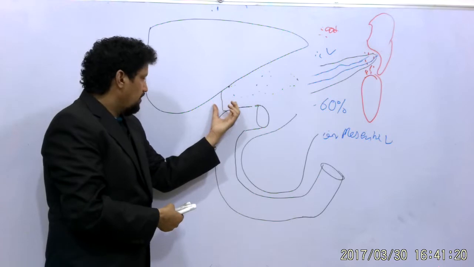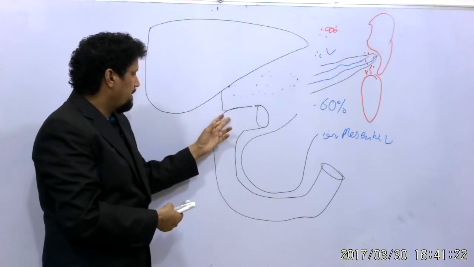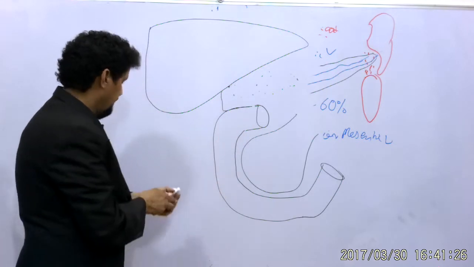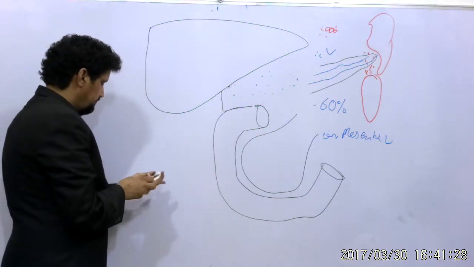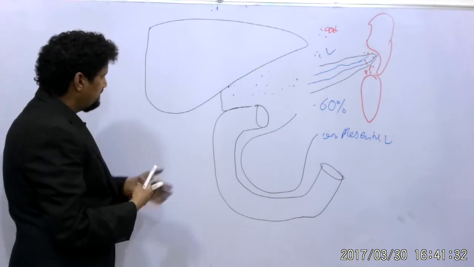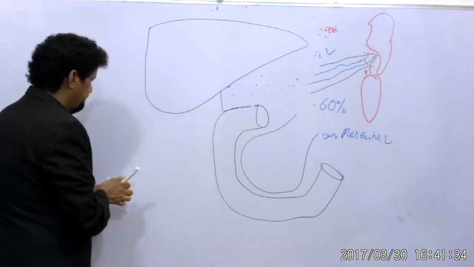This free margin of this hepatoduodenal ligament is having three structures. I will draw the transverse section of this free margin here.